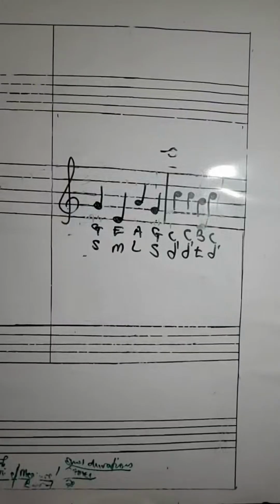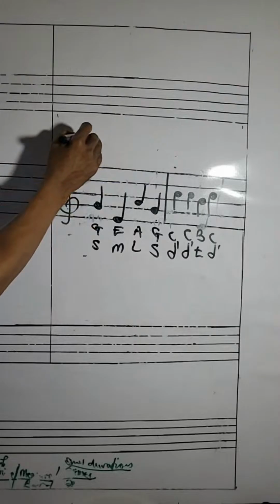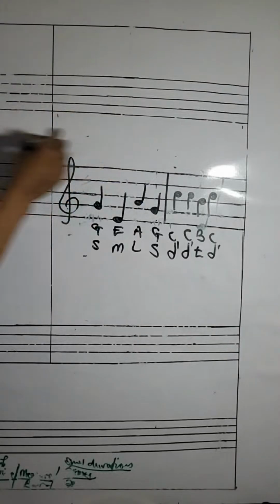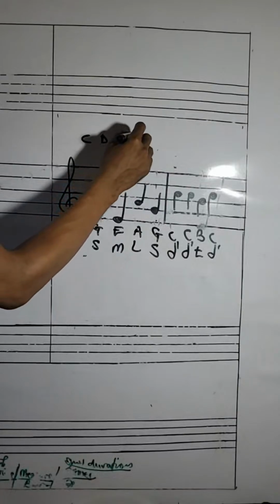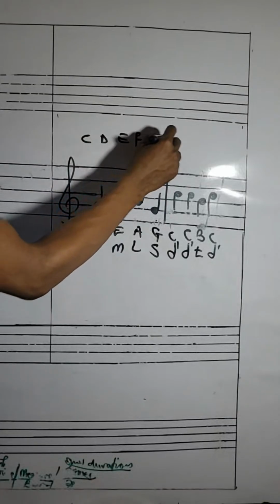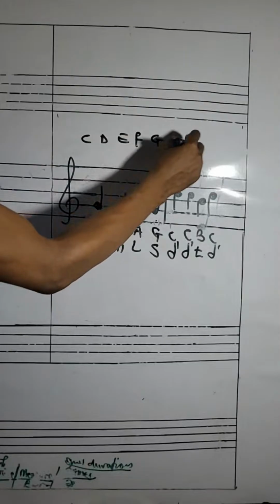So, what should I do first? Now, if the song is in key C, that's why you have to know your key signature. If the song is in key C, I'm going to write here C, D, E, F, G, A, B, and C.